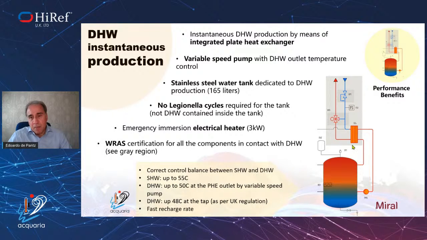The pump is regulated by the temperature at the outlet of the heat exchanger. All the components within this gray area are brass certified: the pipes, the pressure inlet regulator, the blending valve, and of course the heat exchanger. But not the tank, because the tank contains only technical water.